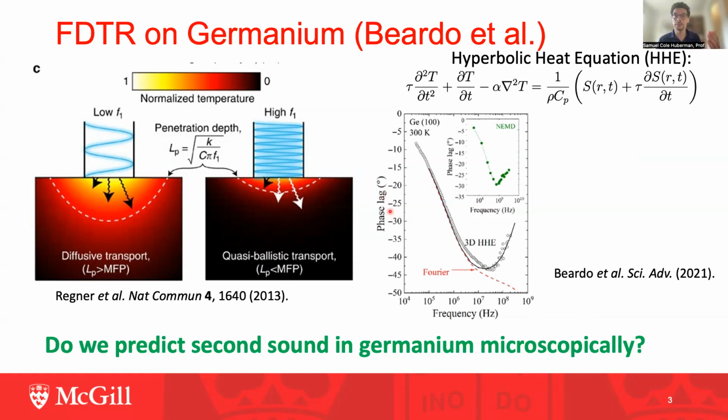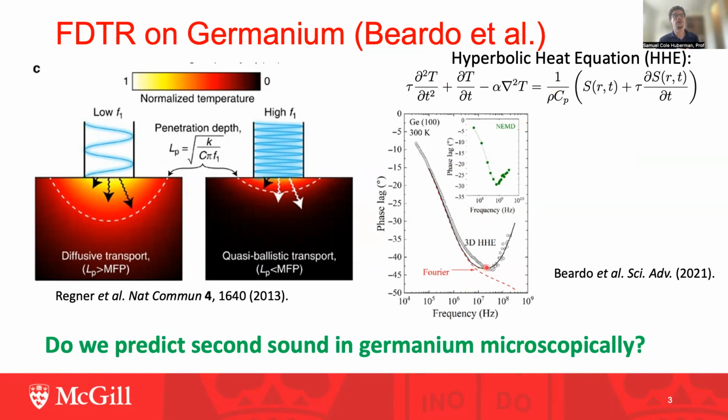And so you can track the phase between the surface temperature and the heat flux and model it according to your choice of models. And what Beardo et al. observed in the case of germanium was that there is this deviation at high frequencies that was captured by the hyperbolic heat equation.